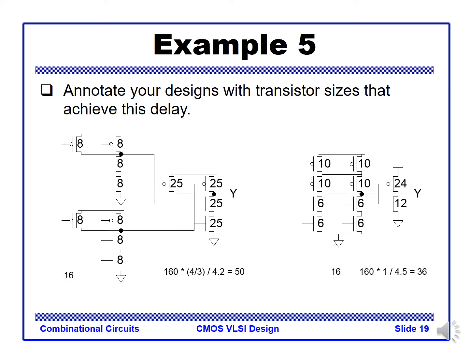Here we do this calculation backward, right? So how we determine the 25? Starting from the load, C out times G divided by F hat, that becomes C in, right? We know that F hat is, F equal G times H, where H is electrical effort.